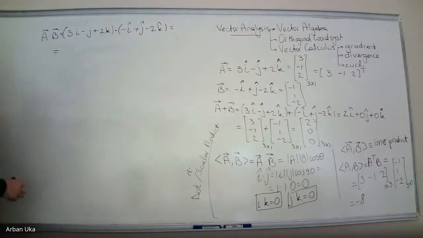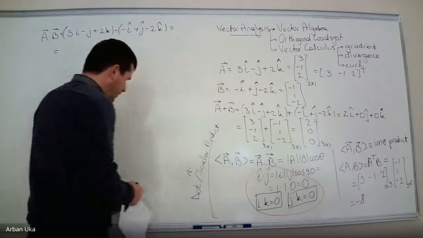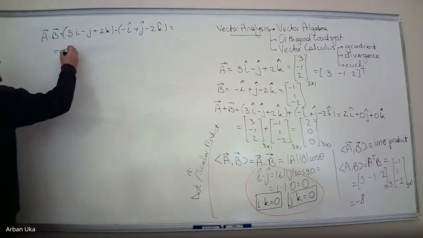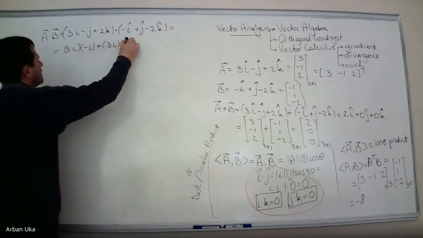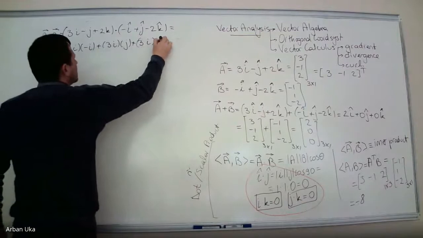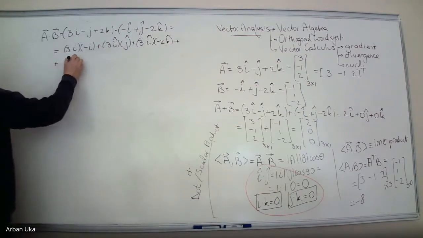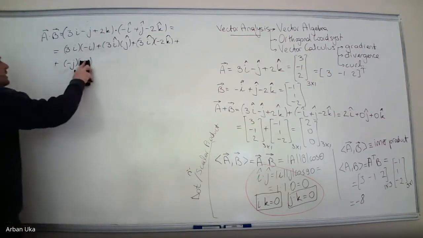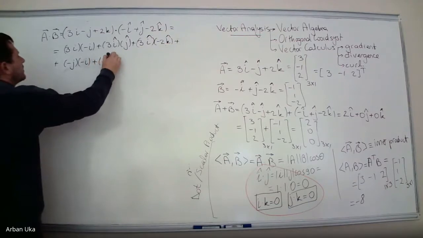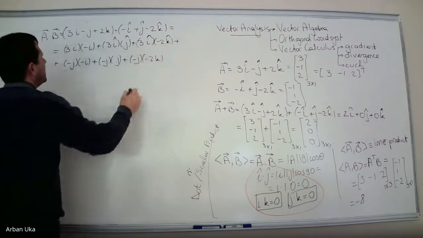From what we see here, we can write 3i times minus i, plus 3i times j, plus 3i times minus 2k, plus minus j times minus i, plus minus j times j, plus minus j times minus 2k.